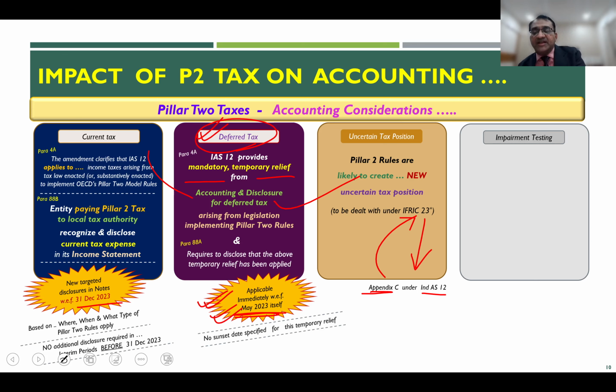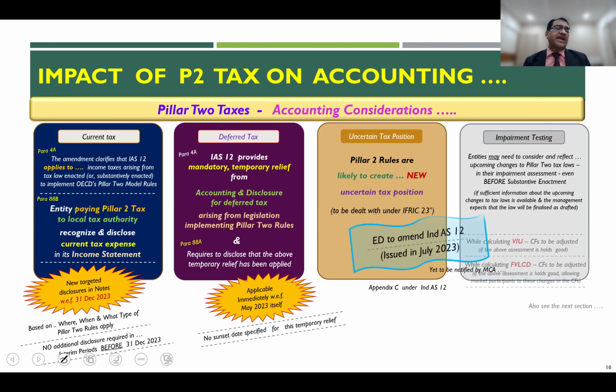Unlike that, when it comes to the current taxes, this requirement is applicable from 31st of December, and that too, no prior interim period. It is only prospectively. No additional disclosure required in interim periods prior to 31st of December 2023. Right? That is how it is.